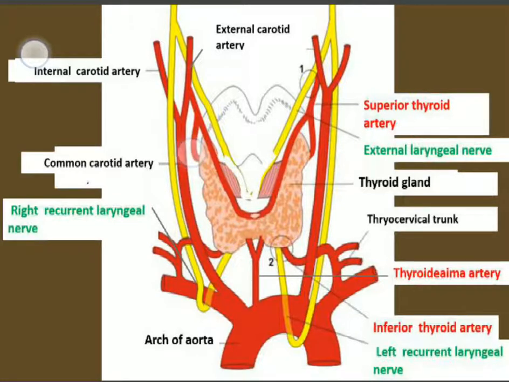The posterior branch is also descending along the posterior border of the lobe, and it is anastomosing with the ascending branch of the inferior thyroid.